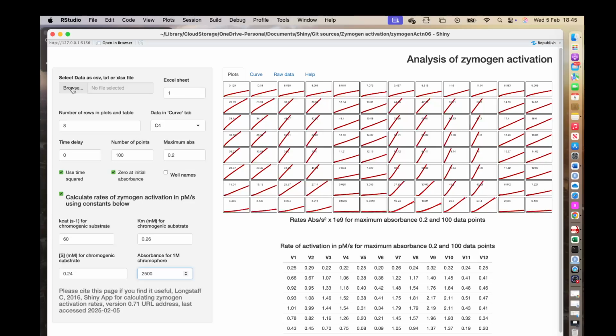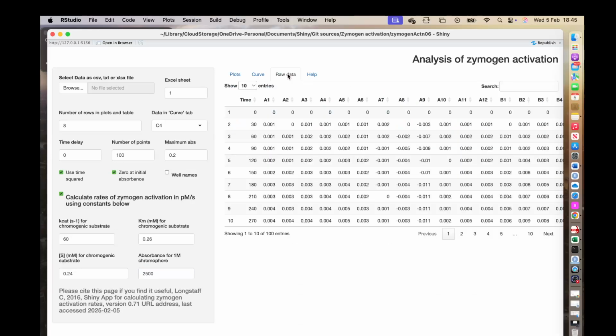Time course data, exported from a plate reader for example, should be formatted as a single column of time in column 1, followed by columns of absorbance data. The program detects the length and width of the data, so there is no need to specify these dimensions. Data can be read as CSV, text or Excel files, and the file type will be detected automatically.